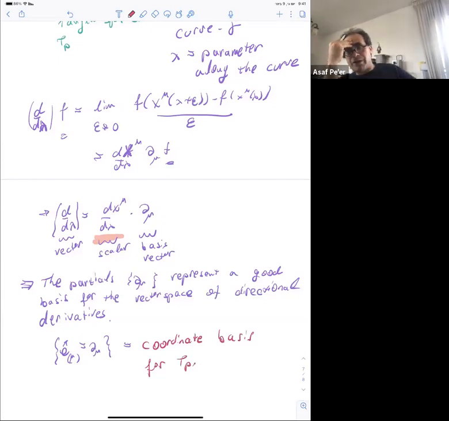Now, note that it is general. I did not ask that these coordinates be orthonormal to each other. They don't have to be orthogonal, and they don't have to be normalized to unity. It's fine. They just have to be a set of n independent vectors.